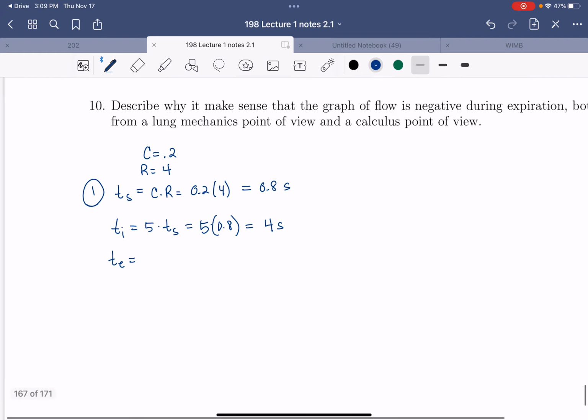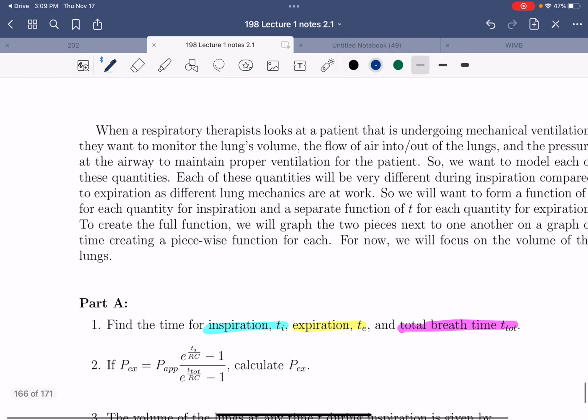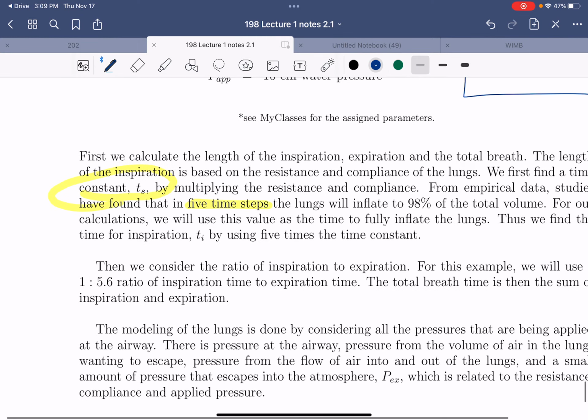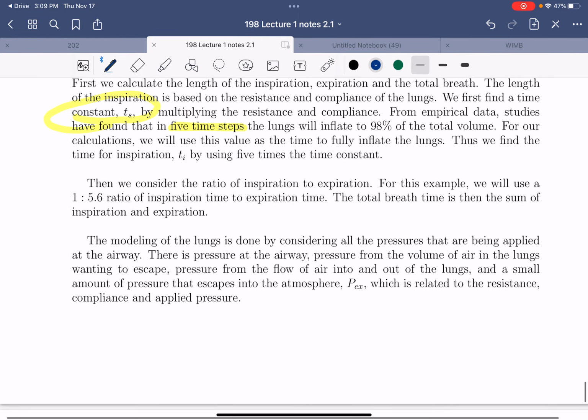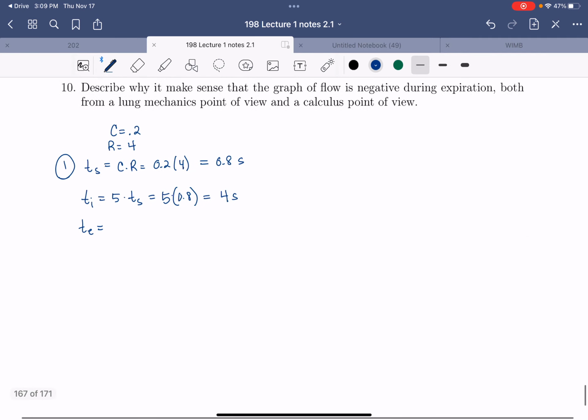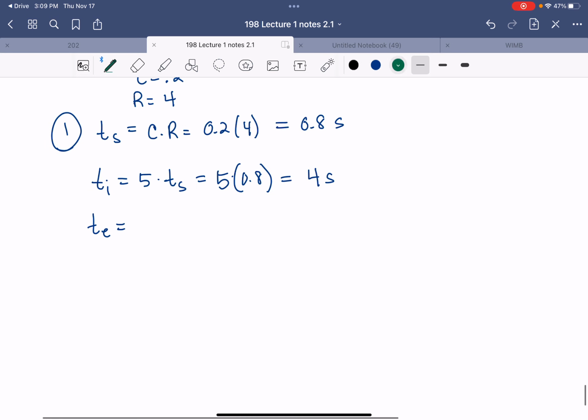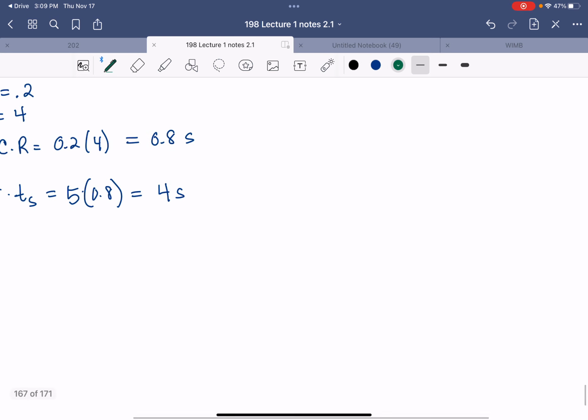Next, we want TE. Let's go back up and see what it says. Then we consider a ratio of inspiration to expiration. For this example, we'll use a 1 to 5.6 ratio of inspiration time to expiration time. So what they want us to do is use a ratio of 1 to 5.6 as our ratio of inspiratory time to expiratory time.